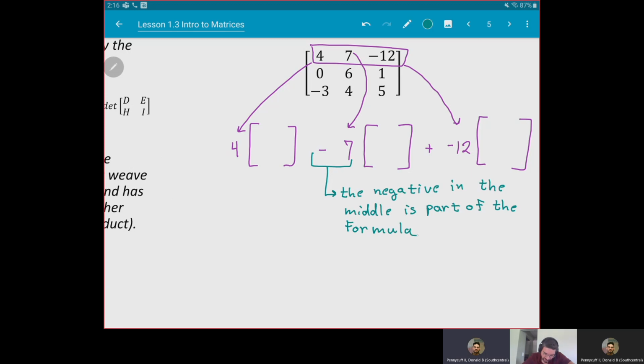Okay, so that negative there is part of the formula. If the 7 was also negative, it would turn positive.